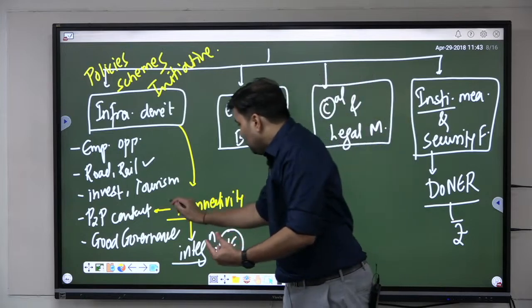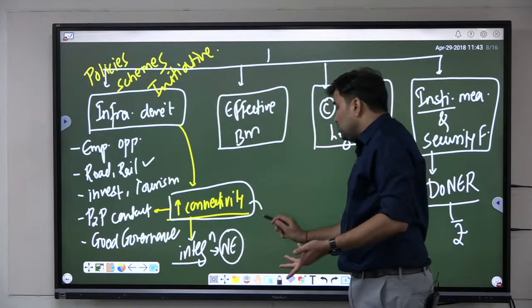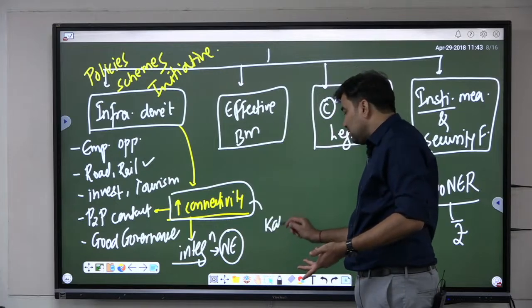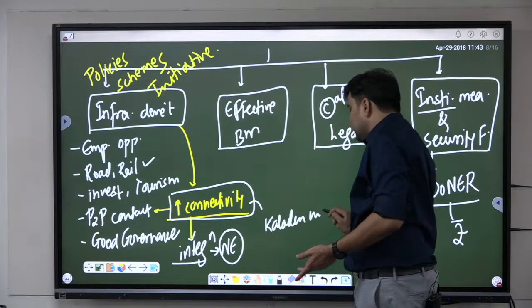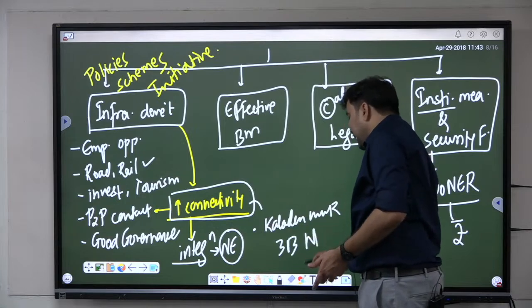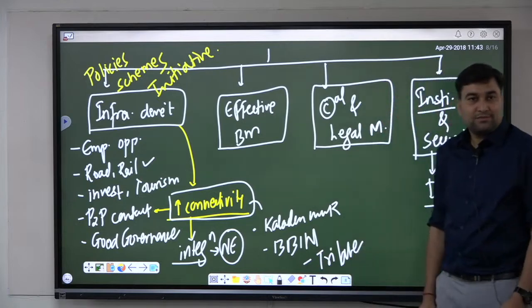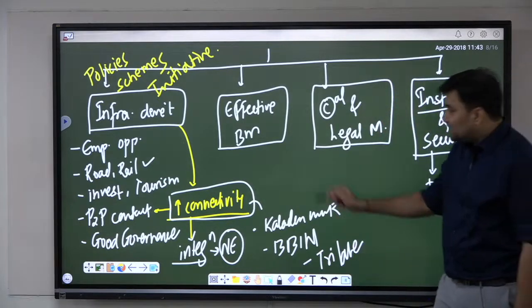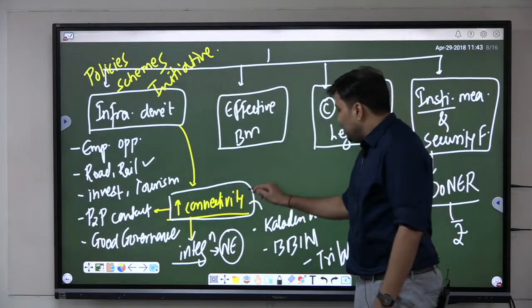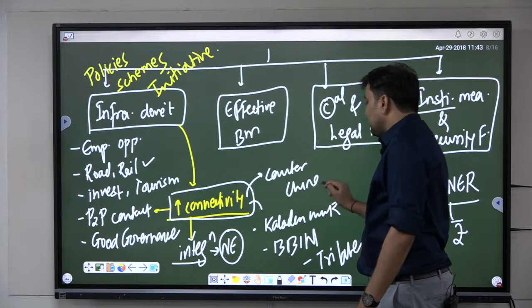Getting the idea? Now for connectivity, you have multiple projects. For example, you have the Kaladan multimodal project. You can bring it here. You have the BBIN project, right? You have trilateral highway projects. However you do it, increase connectivity. Getting the idea? Increasing connectivity will also help to counter China. Why?